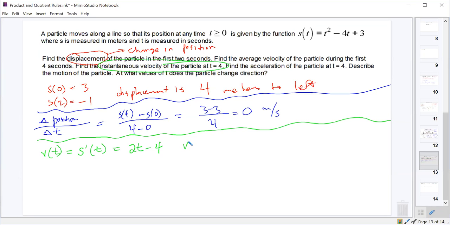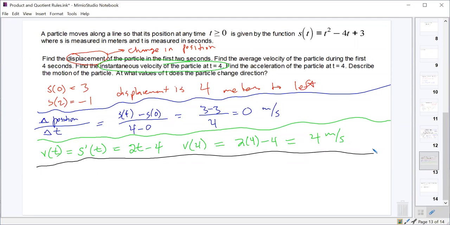So if we want to know the velocity at t equals 4, it's just 2 times 4 minus 4, or 4 meters per second. Good or no? Yeah. All right.